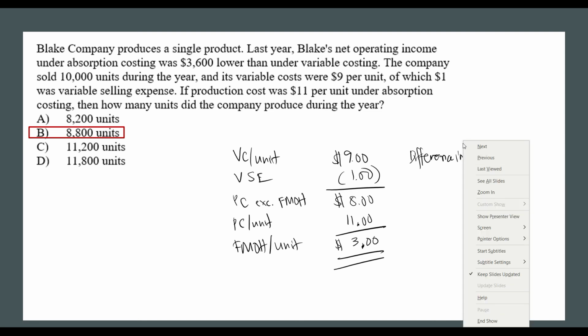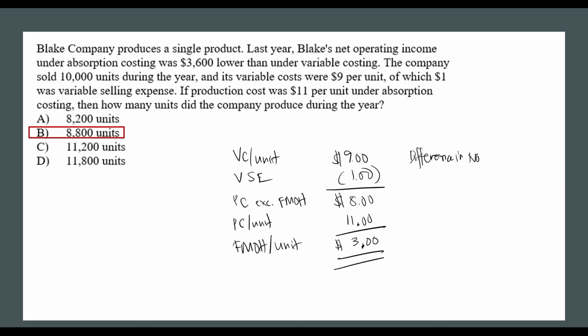Okay. We now divide it by the fixed manufacturing overhead cost of $3 per unit. And we will get the units relating to the difference.